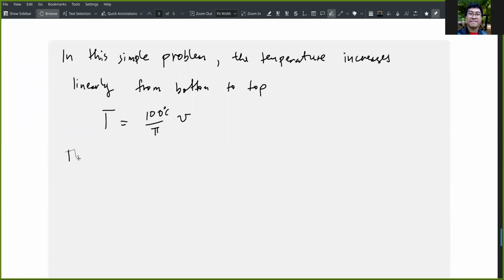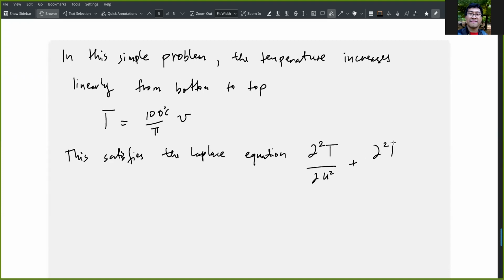And also, this satisfies the Laplace equation: partial squared T partial u squared plus partial squared T partial v squared equals 0.